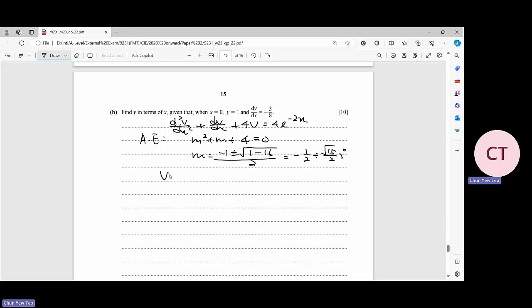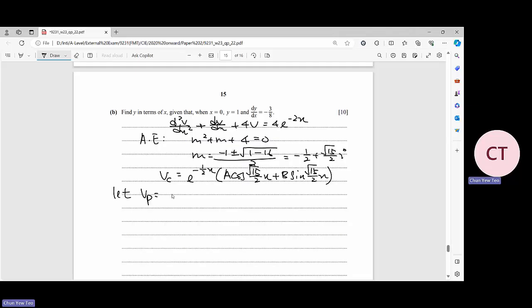That means my complementary solution will be e to the power of negative half x, a cos of square root 15 over 2 x plus b sine of square root 15 over 2 x. Then I want to find the particular integral. So I have a vp.